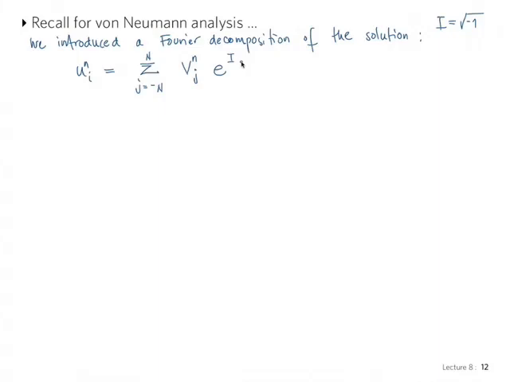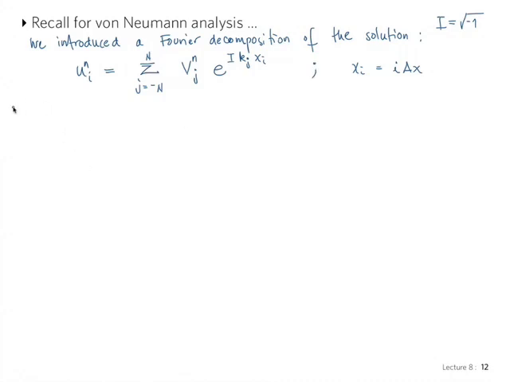We use capital I so that we're not confused with our indices i and j, and we have k_j and x_i. Here we're summing over all the modes. k indicates all the modes, and x_i is the position on the mesh, so x_i is equal to i times delta x.